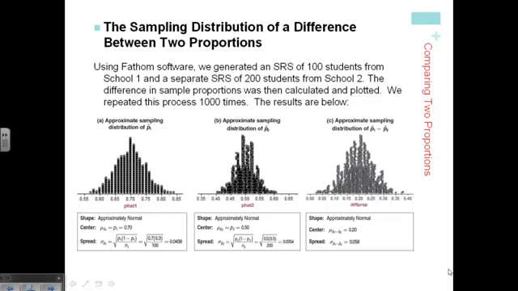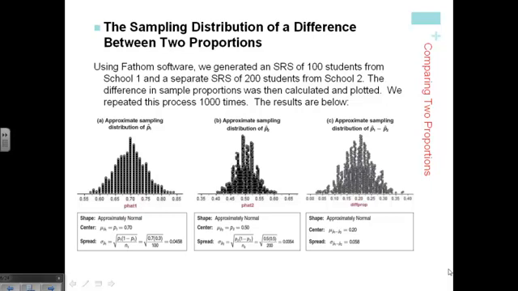Now the third thing that this Fathom software can allow us to do is say, okay, random p hat from school number 1. Let's get a p hat from school number 2. So I have 2 p hats on my hand right now, p hat 1 and p hat 2. What would happen if after I got p hat 1 and p hat 2, I subtracted p hat 2 from p hat 1? I get that number and I plot it.